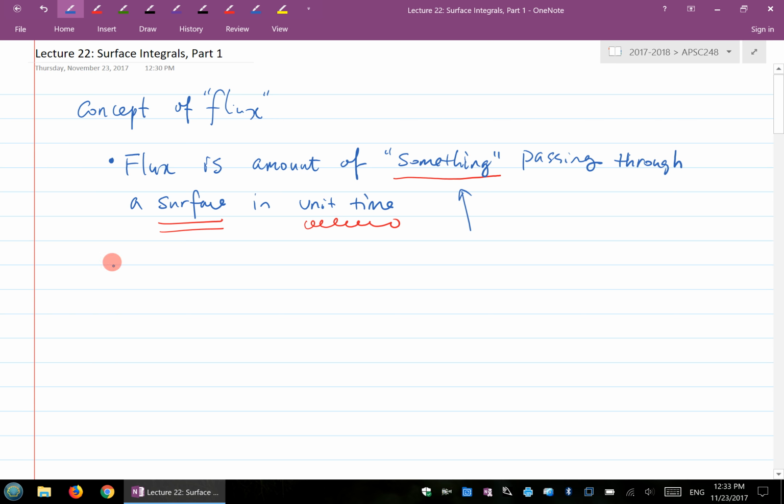Now in engineering, there is a very important concept called transport flux. This is more related to transport phenomena.